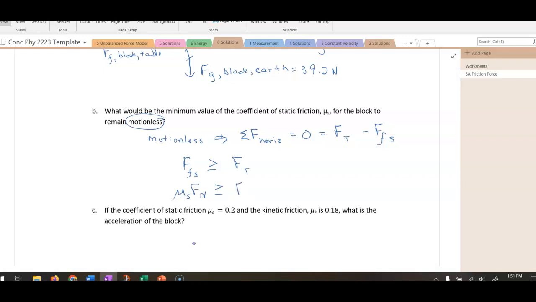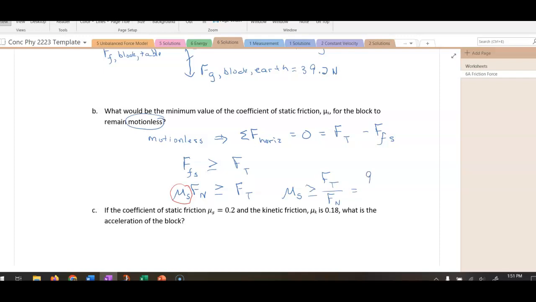Okay, and I'm trying to solve here for this coefficient of static friction. So the coefficient of static friction would have to be greater than or equal to the ratio of the tension force divided by the normal force.